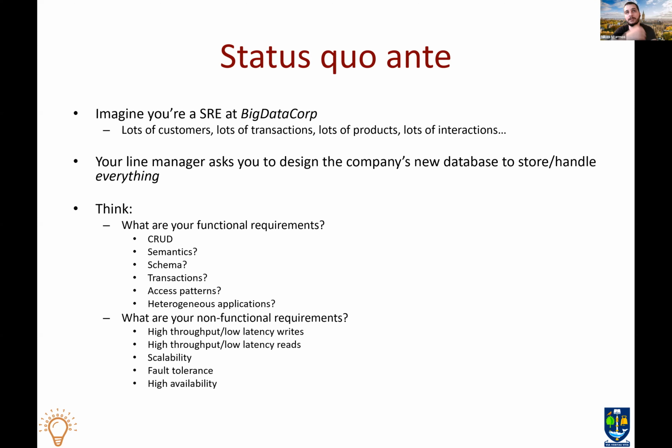Where at this big data corporation, let's assume that this is a place where we're already using Hadoop, it's HDFS and possibly MapReduce or Spark. Okay, so when we're talking about high throughput and low latency, that's in that context, right?